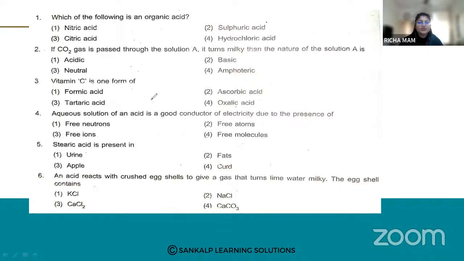Yes, vitamin C is one form of acid. Vitamin C consists of what?